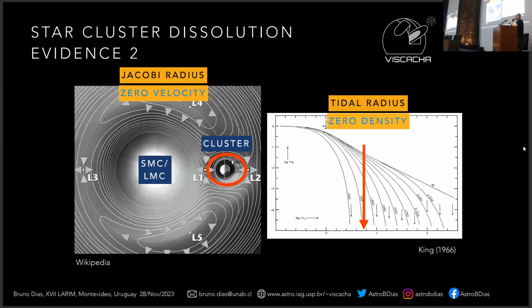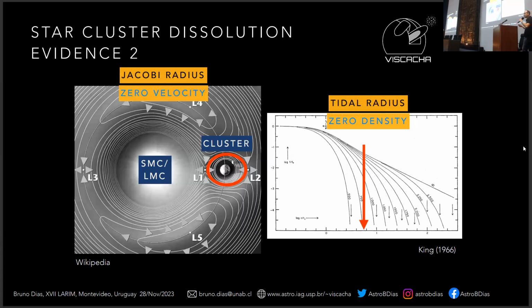The mass of the potential will increase and the Jacobi radius will shrink. When it happens, many of the stars from the cluster will be outside the Jacobi radius, right? And then when the galaxies move away again, the Jacobi radius will increase back again, and the cluster will be very small, and it will take some time to relax again to fill the Jacobi radius.